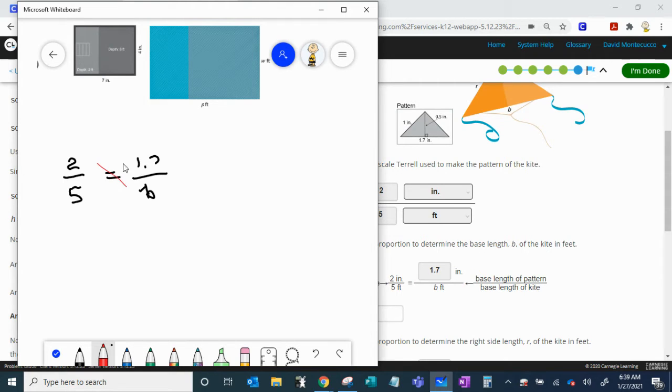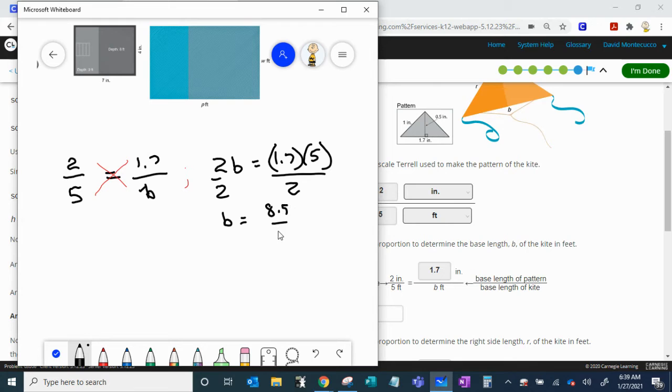Cross multiply, that times that, that times that. And we get 2b equals 1.7 times 5, divided by 2. So our b is 8.5 divided by 2, 4.25?